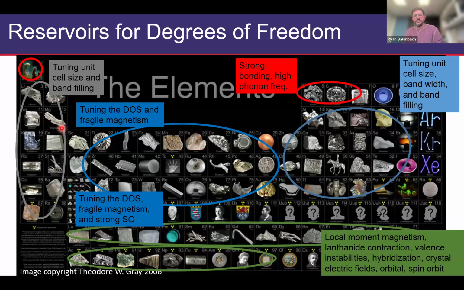That's going to be completely different from what you would find amongst transition metals, where in the first row, you have a good chance of finding magnetism. And then also throughout here, you can tune the density of states pretty easily.